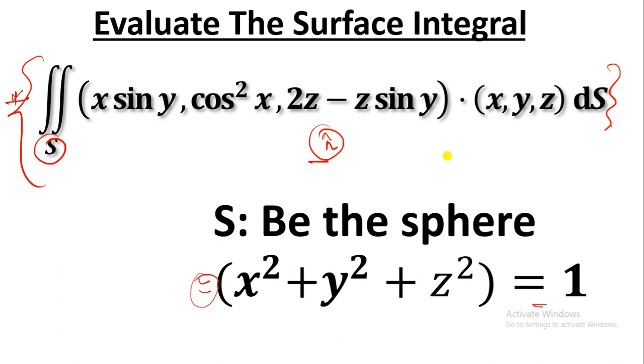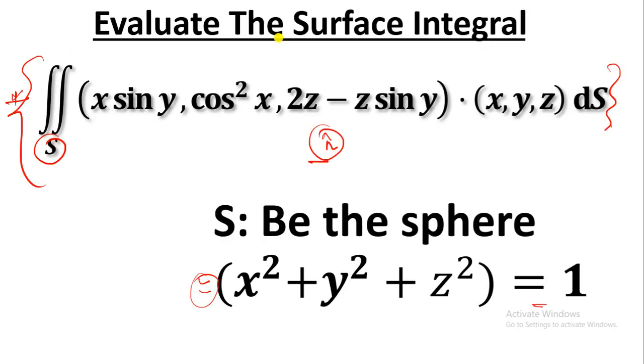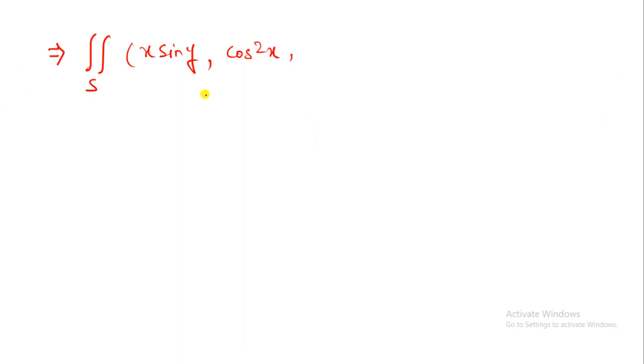So writing this equation in the form, the given vector integral is the double integral over a surface s of (x sine y, cos square x, minus z sine y, 2z) dot product with (x, y, z) ds. This is a unique form of representation of that vector form.